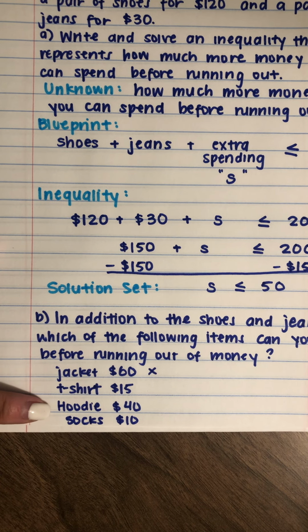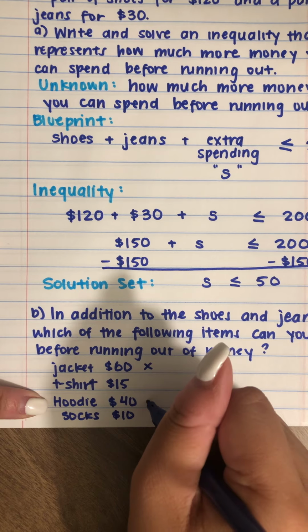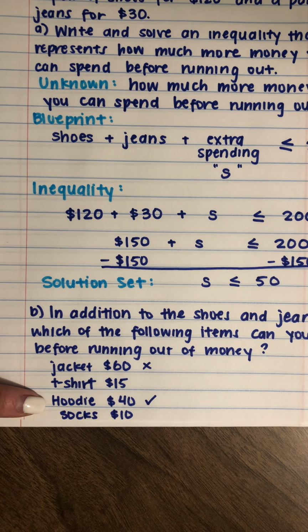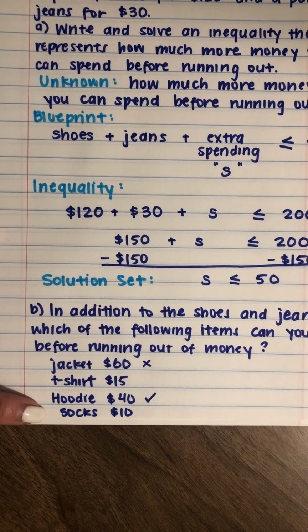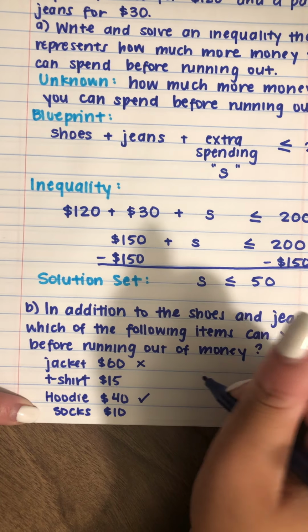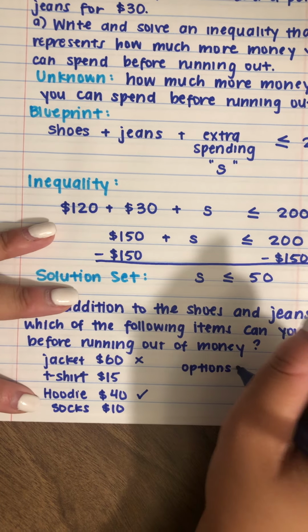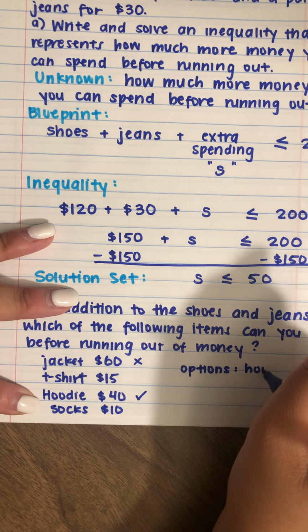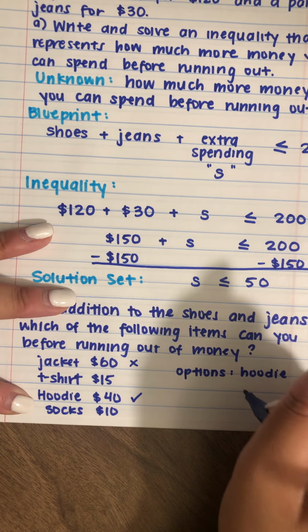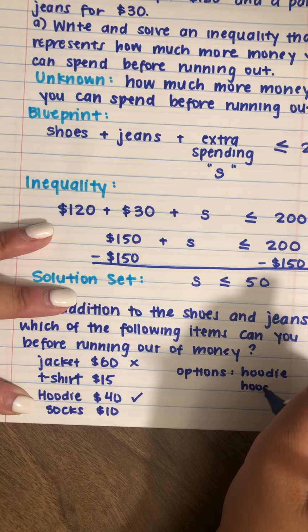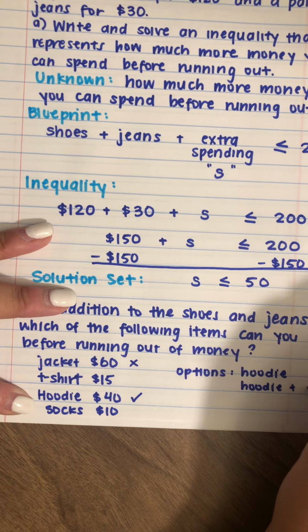However, we can buy the hoodie. We can buy the hoodie and the socks. So we have some options. We can buy the hoodie. We can buy the hoodie plus the socks.